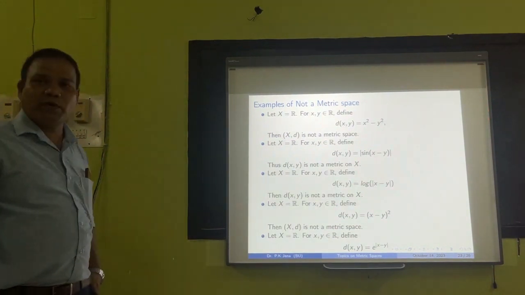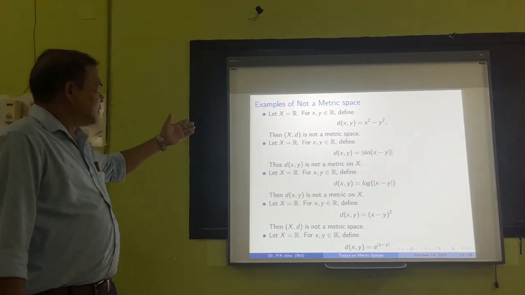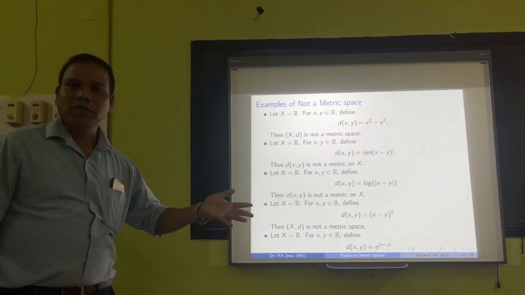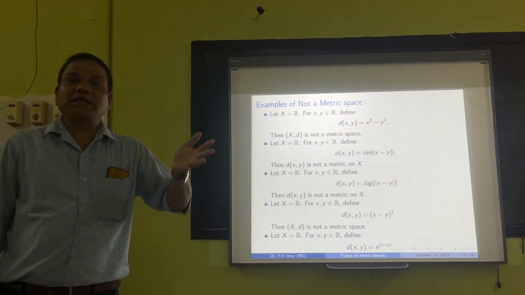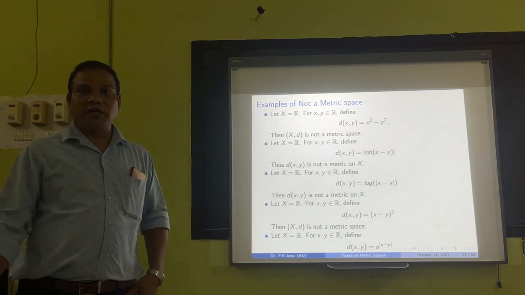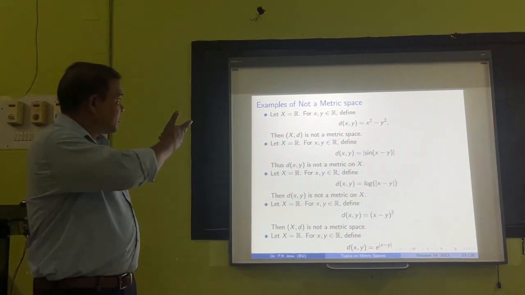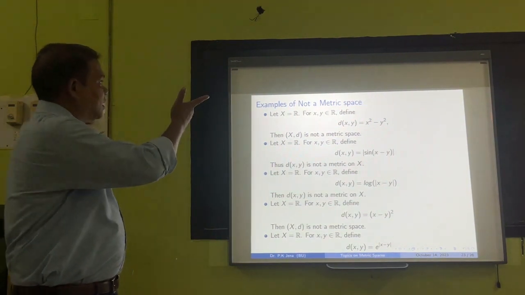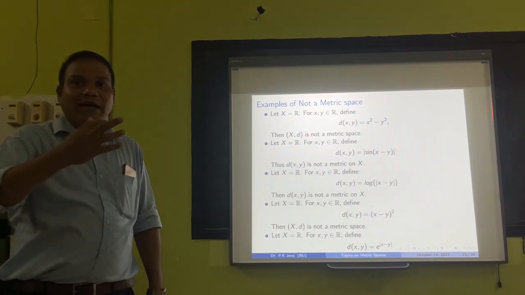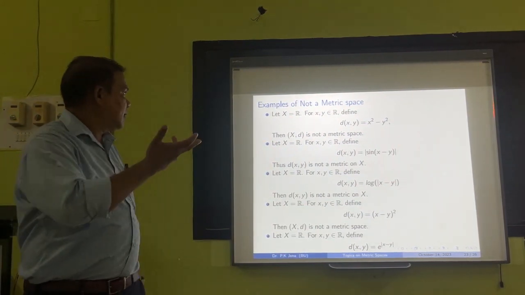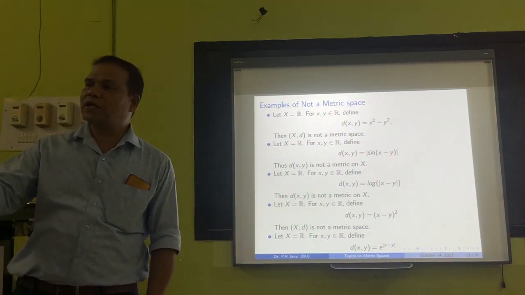Yes, examples of not a metric space. Here you just see that we have collected many examples on the same set R, where it will not satisfy all the four properties. It may satisfy two properties and the rest of the properties are violated here. You just see that d(x, y) is x square minus y square. Can you tell which property will be violated here? If x and y are real numbers, suppose we consider whether d(x, y) is greater than or equal to 0 or not.